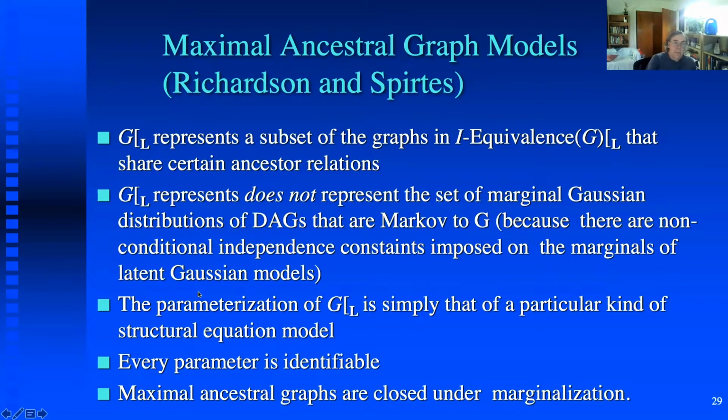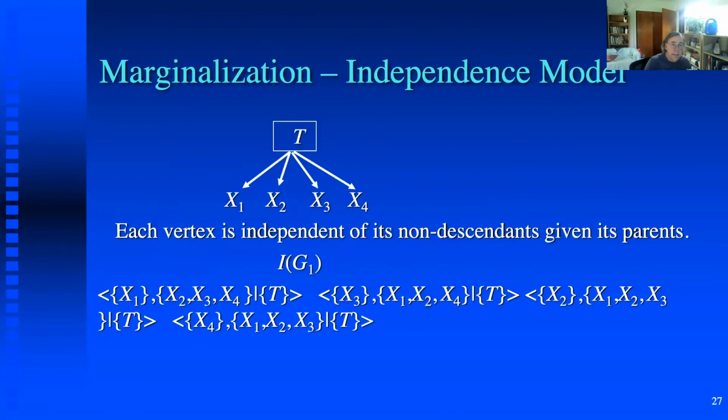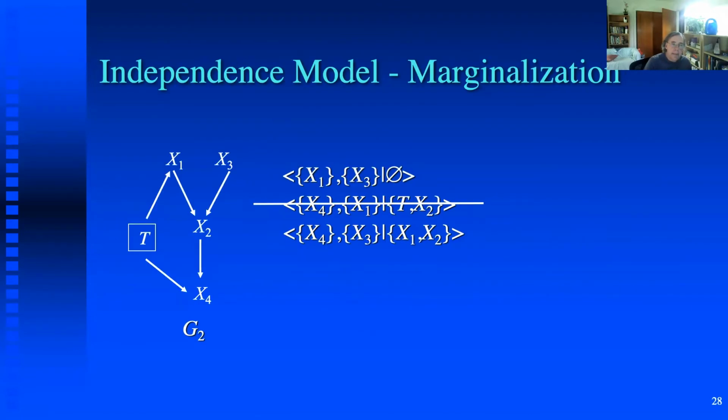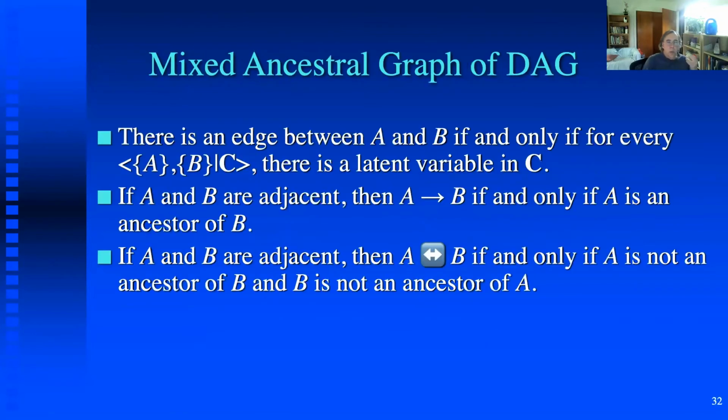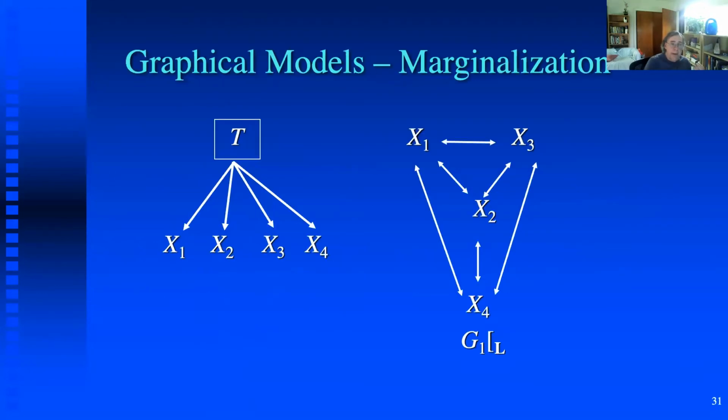So it's important to recognize that we have this operation, which defines the mixed ancestral graph. And what does that graph represent?